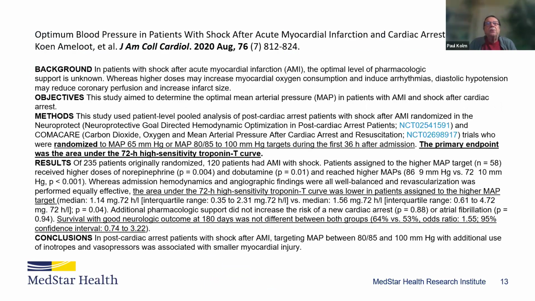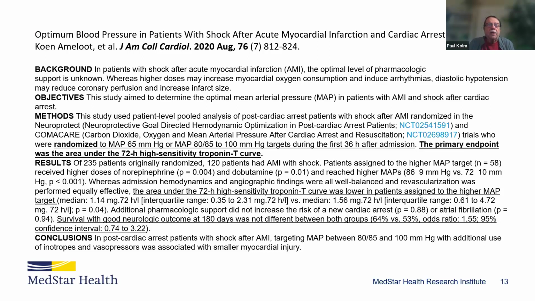And so I want to use an example from a published article from a few years ago related to myocardial infarction and cardiac arrest in patients who experienced shock after the MI or the cardiac arrest. This is the abstract from the article.